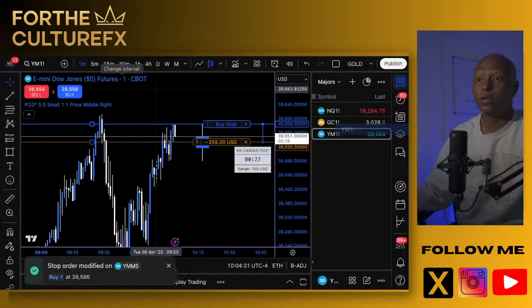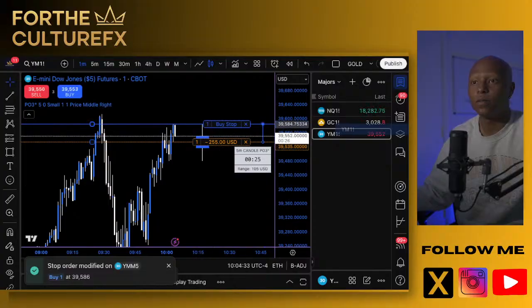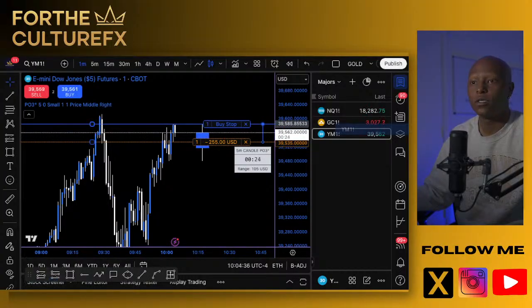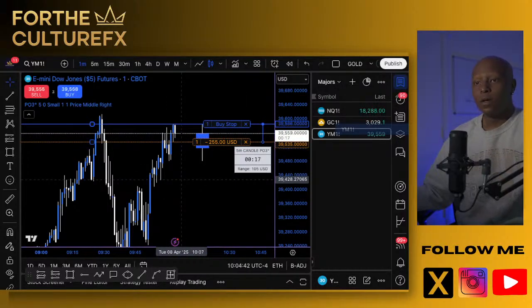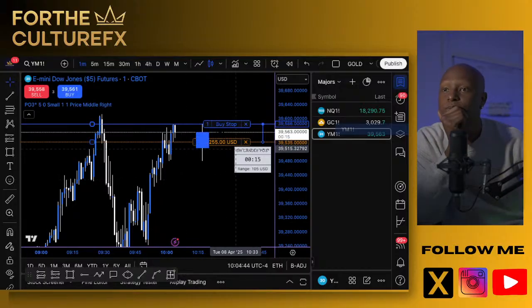Let's see. Are we going to get a 1-minute flip for a bullish continuation? $17 here.